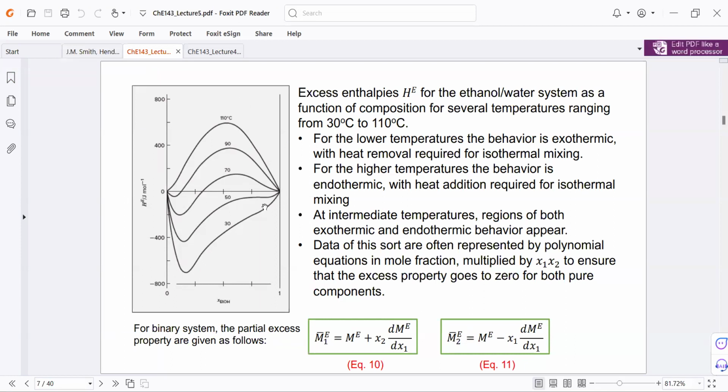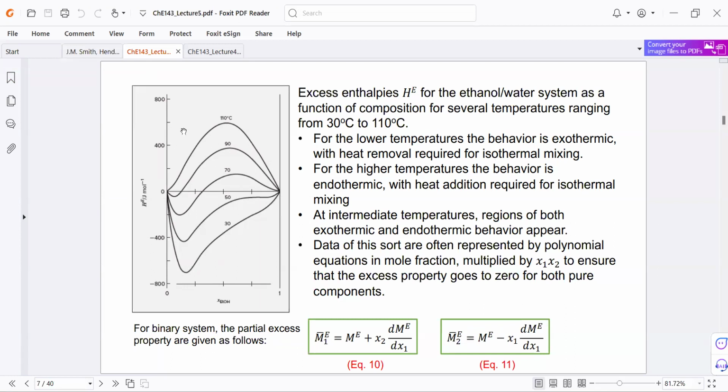And what do we notice? For the lower temperatures, the curve lies below the x-axis, which means it's negative. So for lower temperatures, the behavior is exothermic. There's a heat removal required for isothermal mixing. So in order to maintain the temperature, heat is removed.